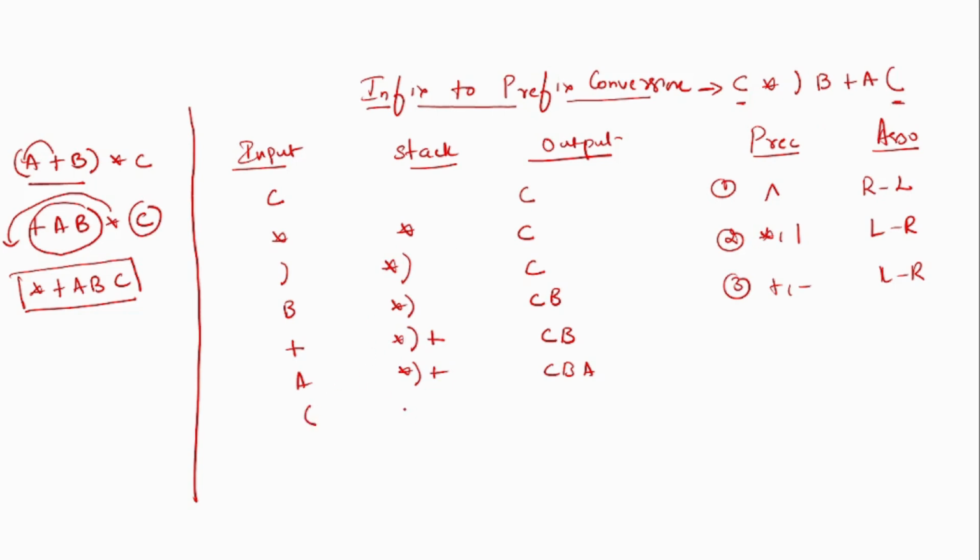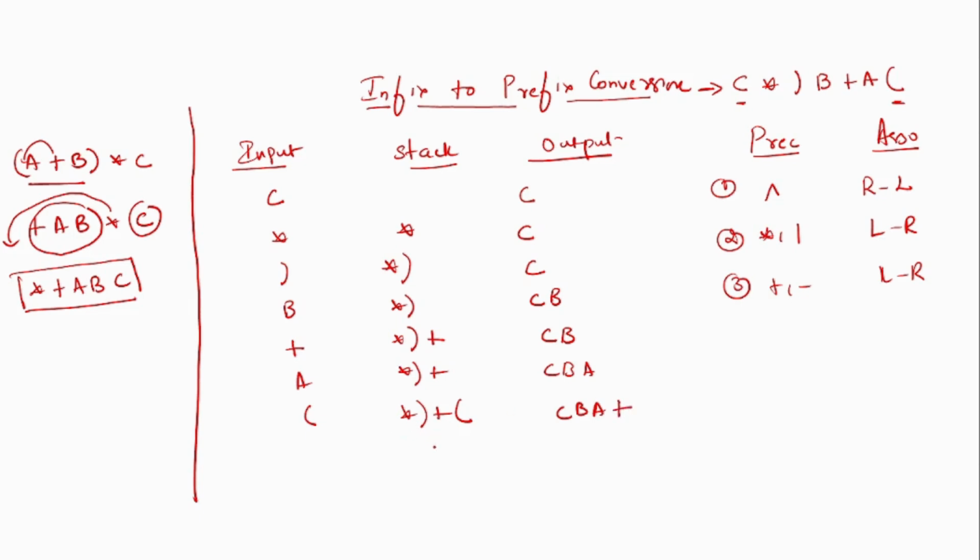I will open the bracket here, star close bracket plus open C B A, right? Whenever you encounter a close and an open bracket, you just pop all the operators inside those brackets, right? So I have only one operator here, so I will pop out plus.